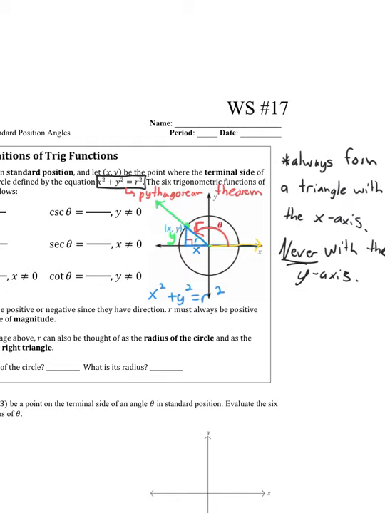That's the first important part of today's lesson, is that this is where this equation comes from. That also happens to be the equation for any circle, x squared plus y squared equals r squared. That works for any circle ever, which is kind of cool.